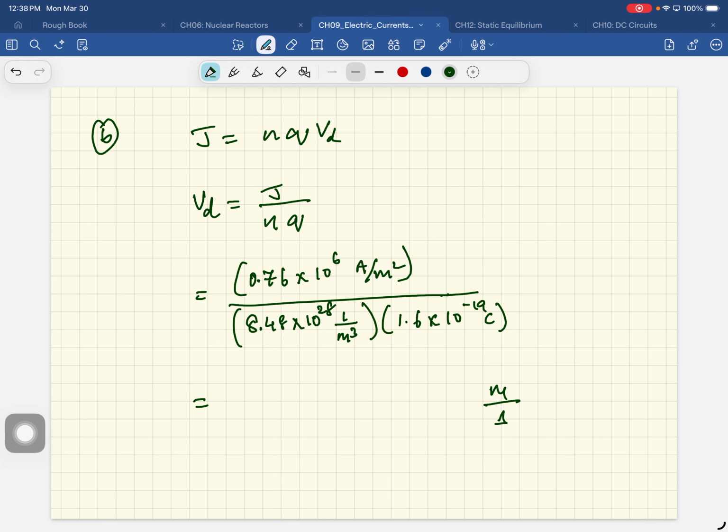Okay, so you sort of want to have that in your mind. So this is 10 to the plus 9, and when this comes to the top, it gets 10 to the minus 3, and there you go. That's a millimeter. Okay. So 0.76 divided by 8.48 into 1.6.